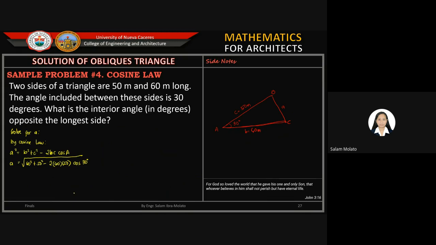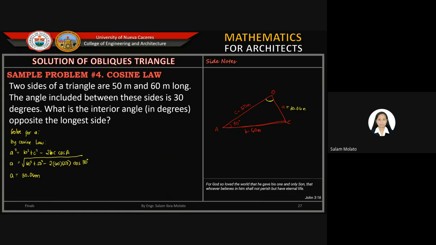Input this in your calculator. Okay. So it will give you A is 30.06 meters. So we already have A. And therefore, we confirm that the longest side is 60 meters.